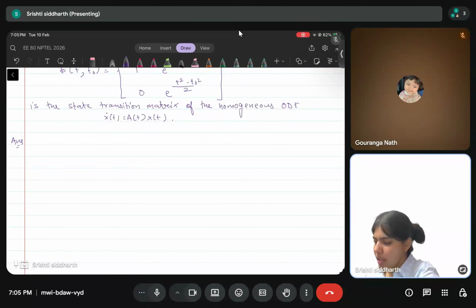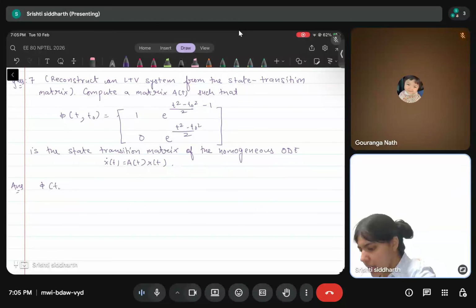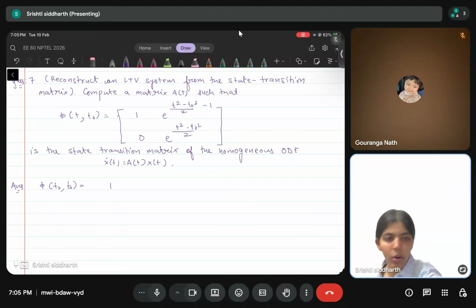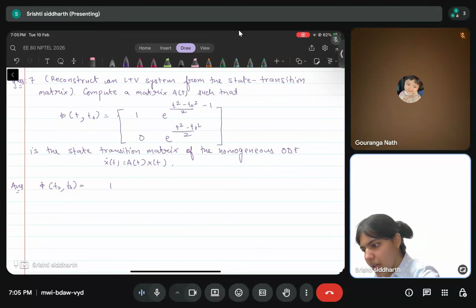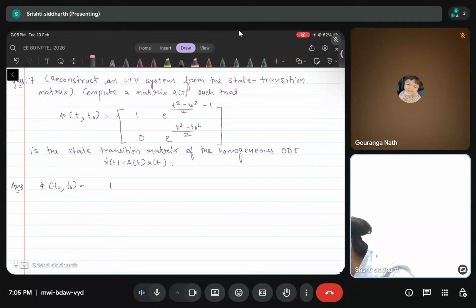Alright. So let's check if we have the correct state transition matrix. Phi at t naught comma t naught would be 1. Just substitute t naught in place of t. E to the power, let me check. Okay, I think there is a typo here somewhere.